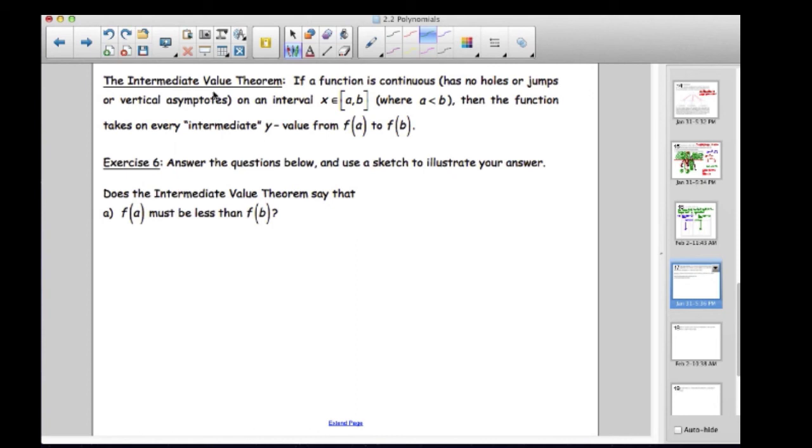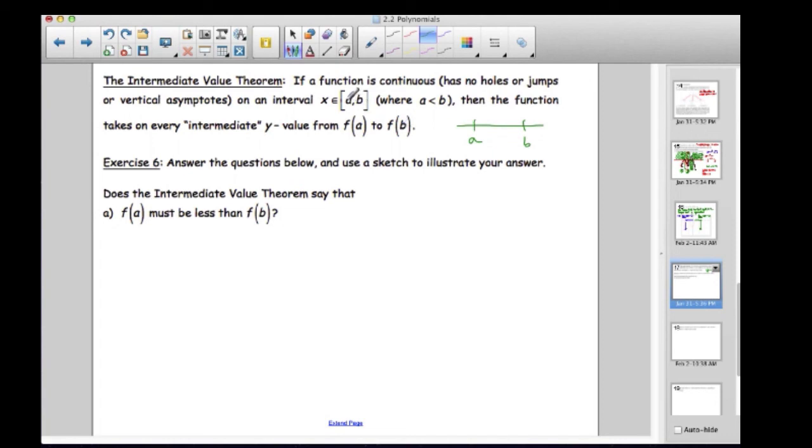The intermediate value theorem states that if a function is continuous, so if it has no holes or jumps or vertical asymptotes, if it's continuous on a closed interval where x goes from a to b, and we're going to say that a is less than b, so on a number line, a is on the left and b is on the right, then the function takes on every intermediate y value from f of a to f of b.